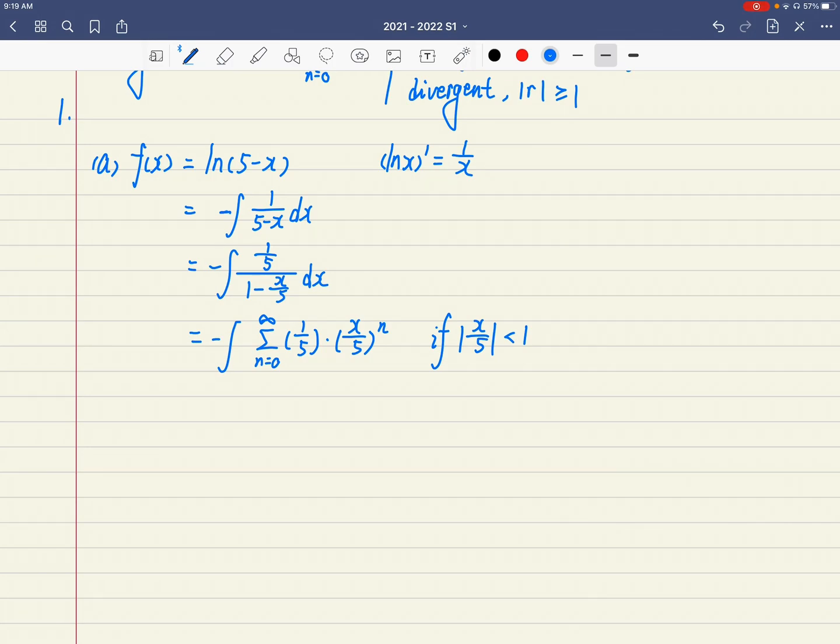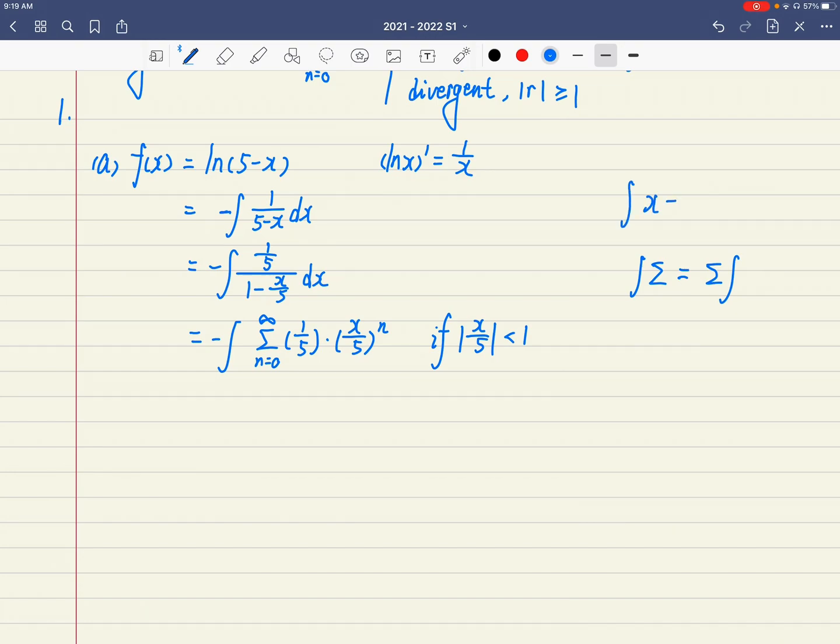So now, all we need to do is to do this integration. Okay, this integration looks very complicated. Okay, the integration of the summation is equal to the summation of the integration. Okay, why? It's very easy.